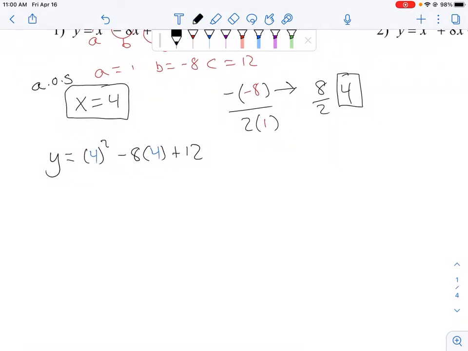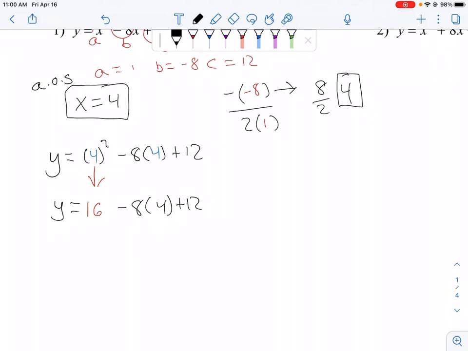Now I'm going to follow my order of operations. The first thing, parentheses, there's nothing to do inside the parentheses. The next thing, exponents. I can work out 4 to the second power, which means 4 times 4, which makes 16. So I got y equals 16 minus 8 times 4 plus 12.